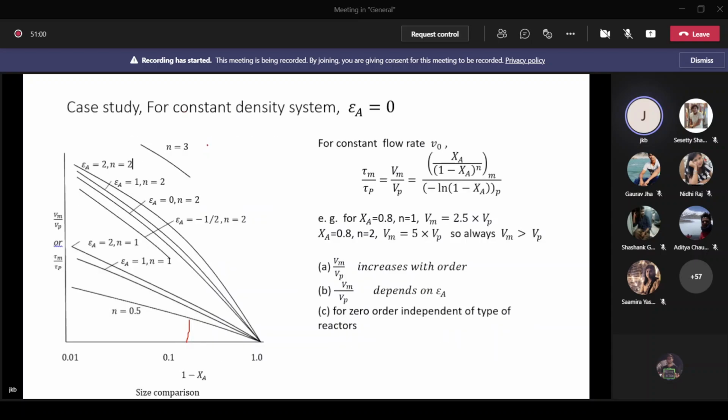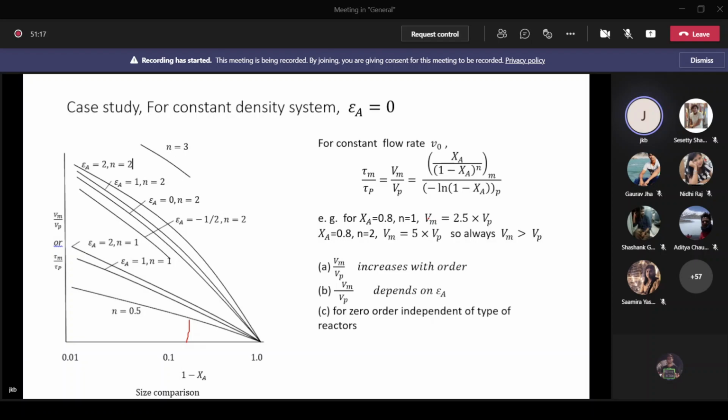In the previous chart, it is given that Vm is 2.5 of Vp. So Vm is taking a very large size. So should we take 2 reactors in series, CSTR, as the size is becoming very large?